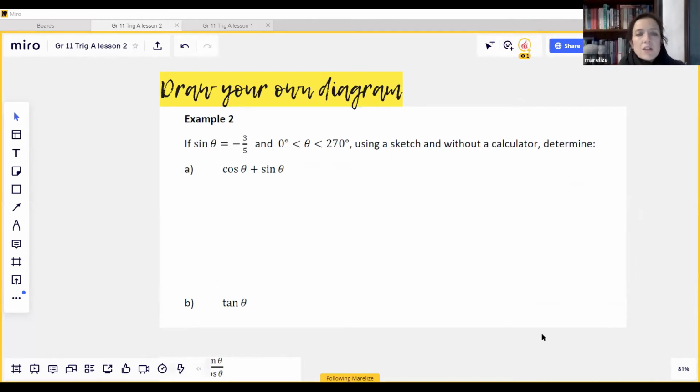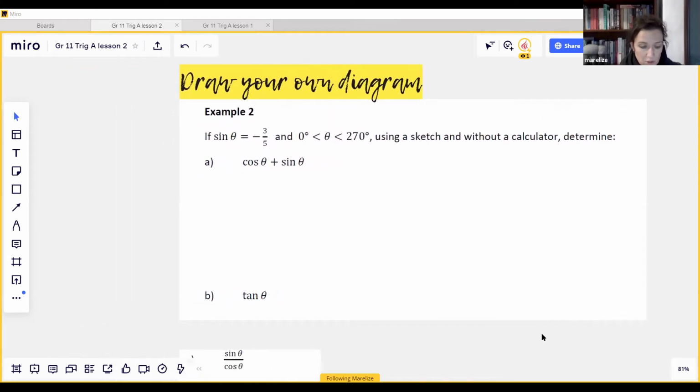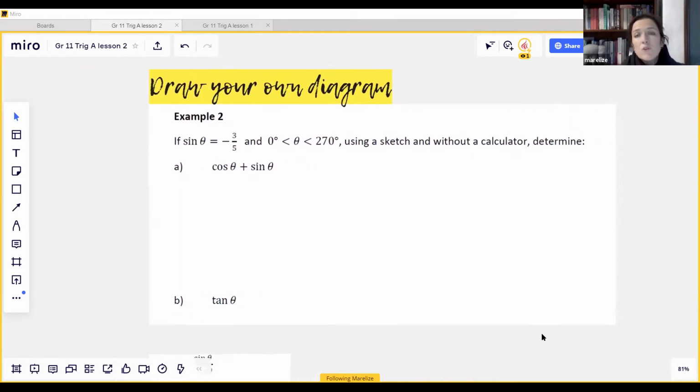Okay, so if sine theta is -3/5 and theta is between 0 and 270, use a sketch without a calculator to determine those things. But we first have to do our sketch and then use Pythagoras to find all our sides so that we can do sine, cos, and tan using the sketch.